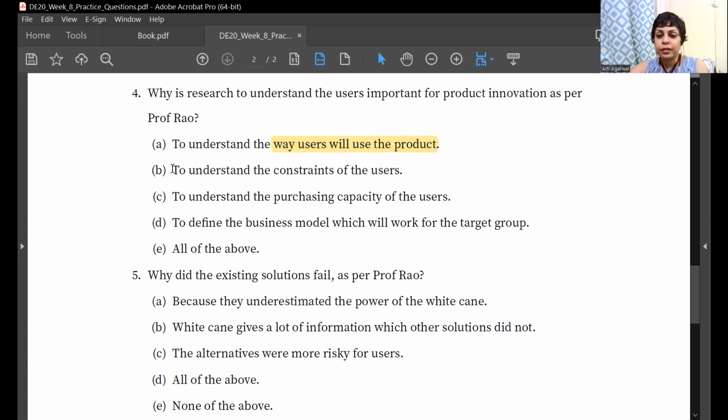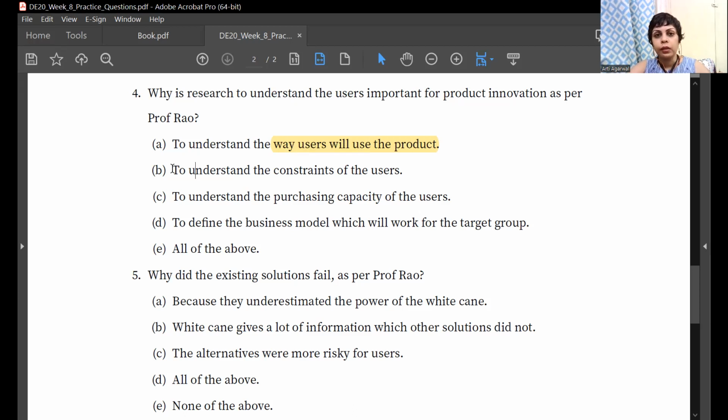B is to understand the constraints of the users. Now, when I say constraints, I'm not talking about just constraints in terms of using the product, but to understand their lifestyle. For example, when you go into a shop to buy something, sometimes it may be difficult for the person to even communicate something to the shopkeeper or to the person assisting them.